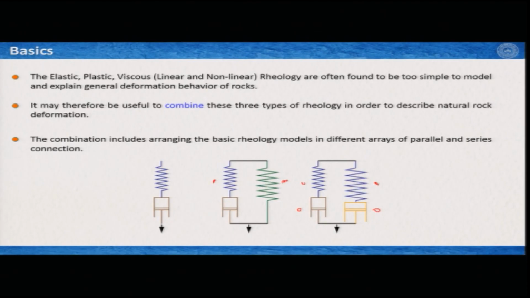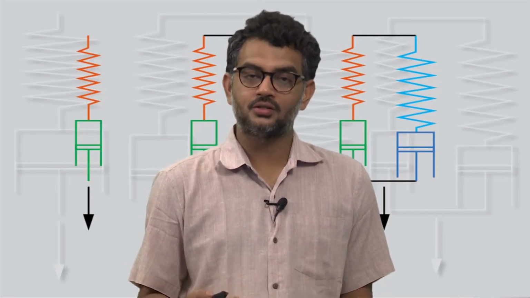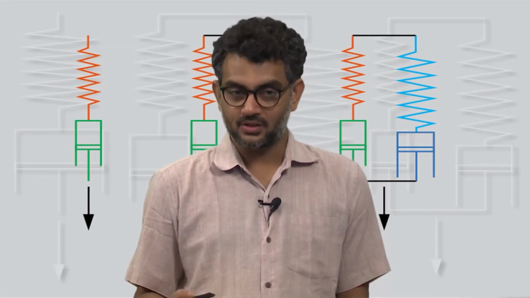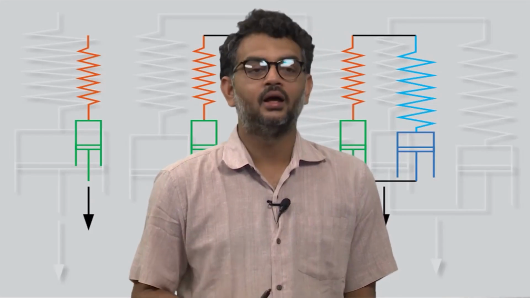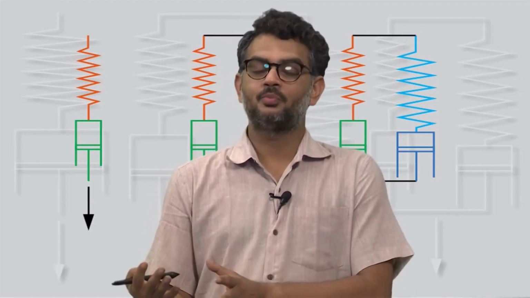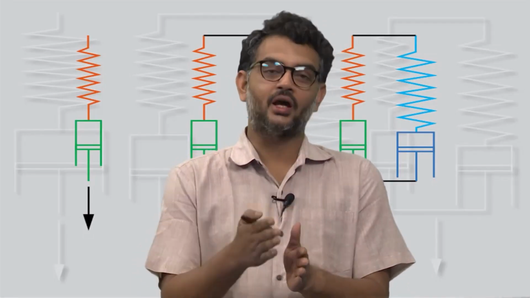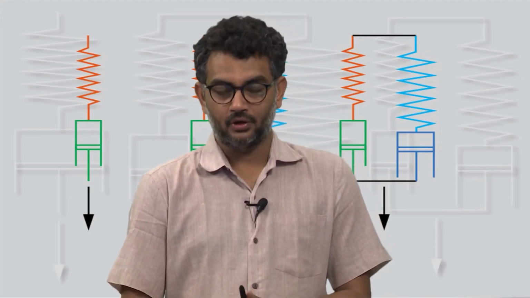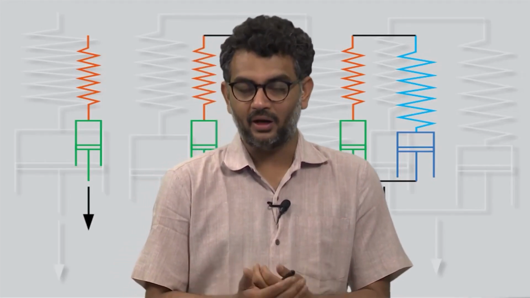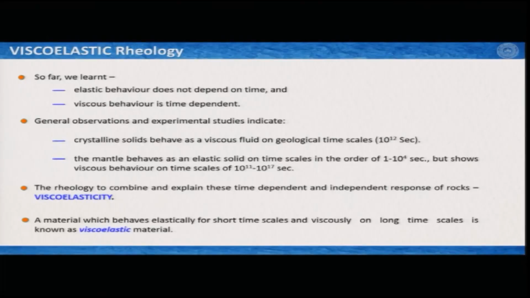So, what we are going to learn today is the very simple combinations in parallel and also in series, particularly for viscoelastic rheologies, and then we will see what would be their stress strain curve, what would be their stress versus time, strain versus time curves, and why these are important for understanding better the deformation of rocks. So, we start first with viscoelastic rheology.